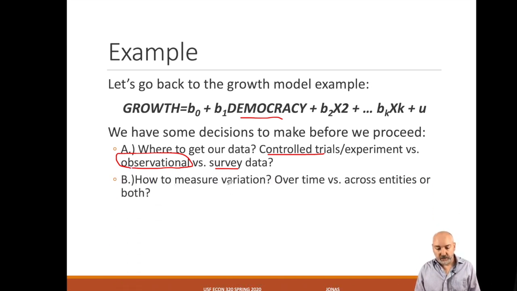Then once we have that, what about the dimensionality, right? Is it going to make more sense to see how growth is affected by democracy over time within a single economy or across different entities? Well, in this case, our key X variable, democracy, doesn't tend to change very often, right?